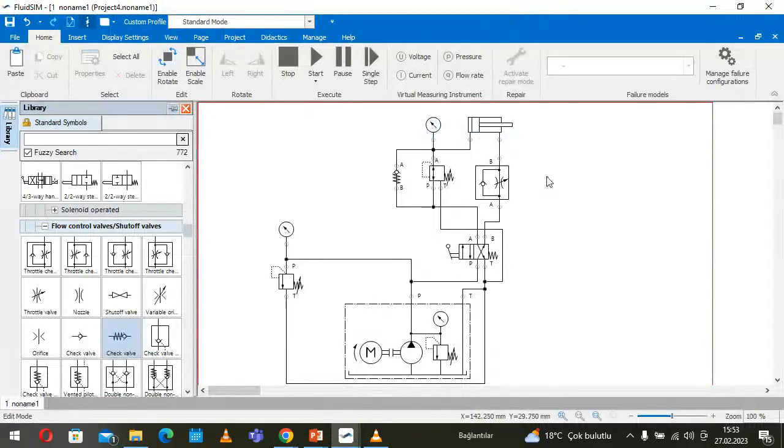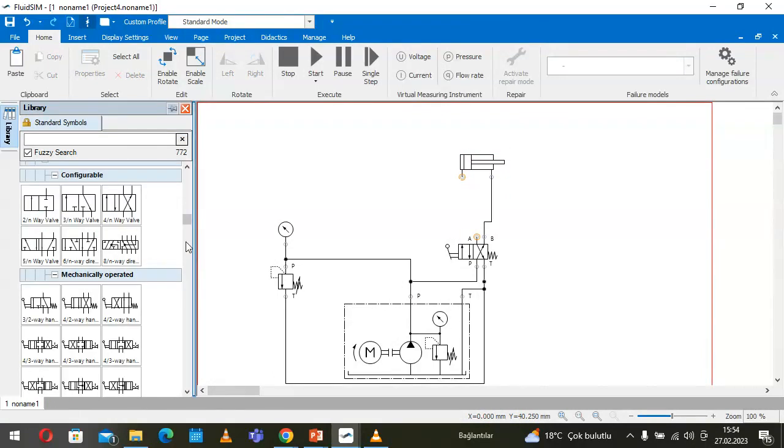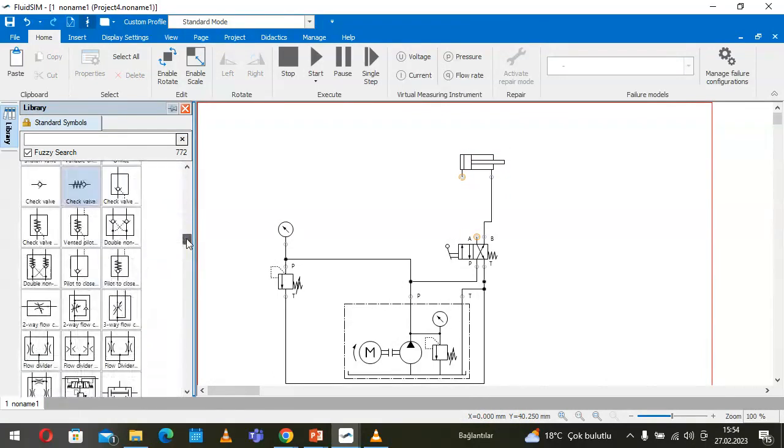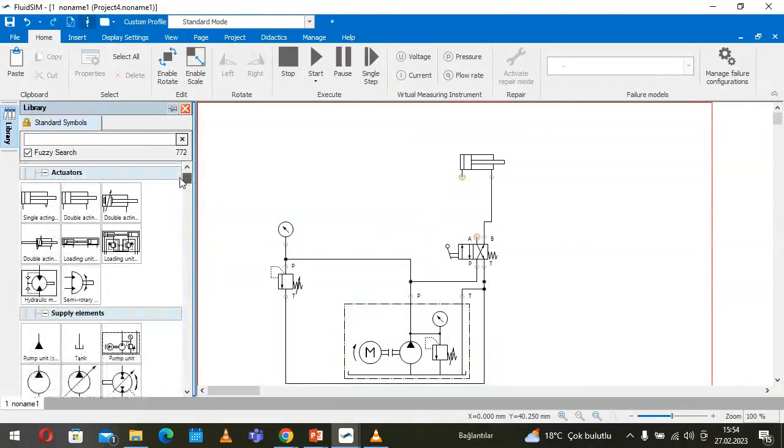For example, let's say we have a linear actuator, so I have to take out all of them. I'm going to simplify the circuit. Here I have used the hydraulic motor somewhere. Where is it?